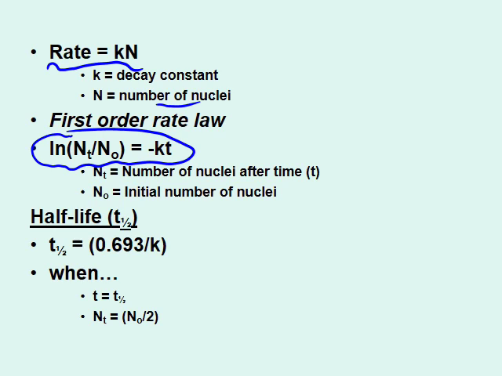Then, since this is the first order expression, half-life would be given by 0.693 over k. So nuclear reactions are all first order reactions, and so we can use our known expressions for first order reactions.